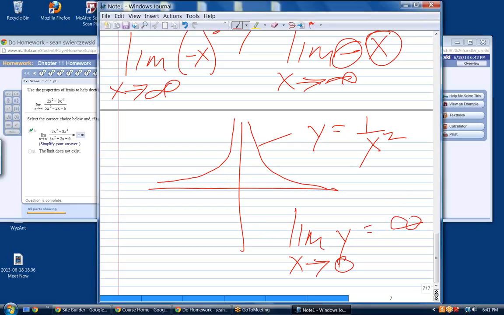In other words, infinity and does not exist are not the same thing. A lot of math courses will kind of teach you that they are the same thing. In other words, whenever you run into the number infinity, does not exist is the same thing, but it's not. And this is the perfect illustration of why it isn't.